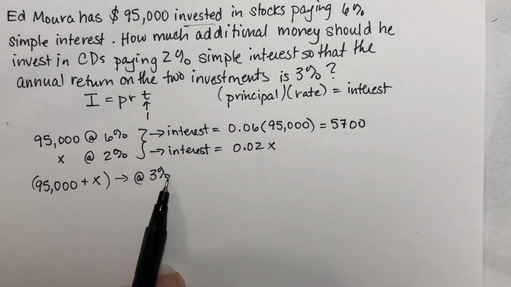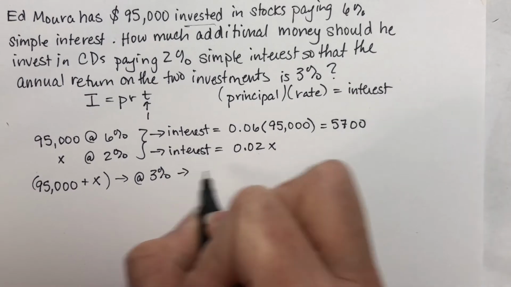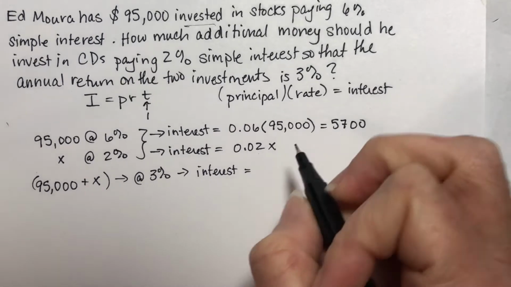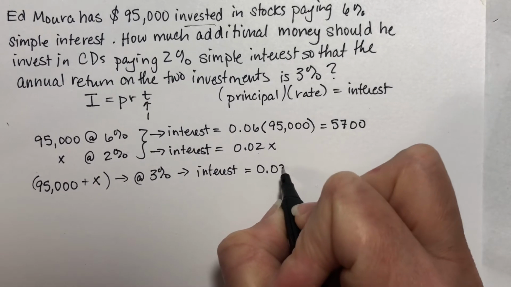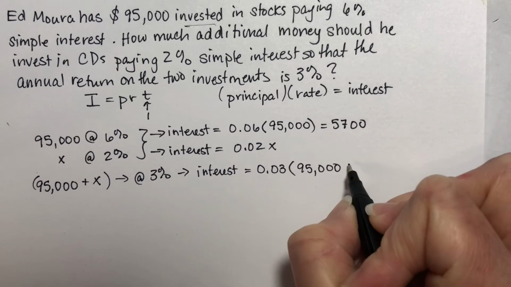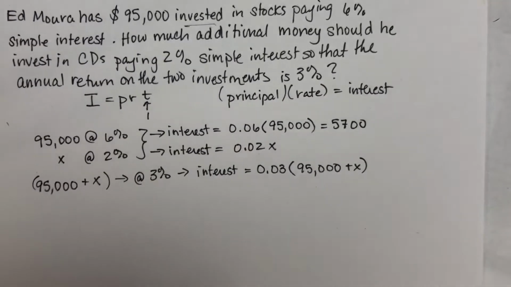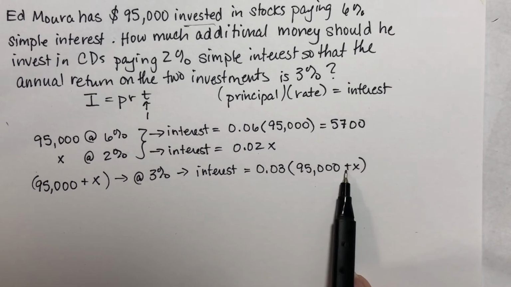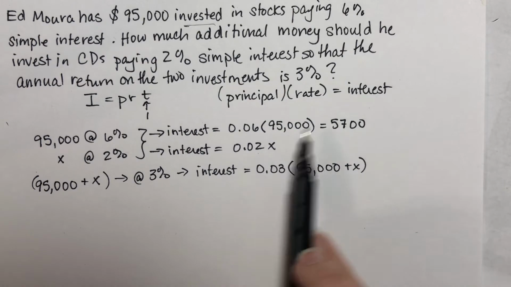Now, how much interest is made on this? Well, the interest here would be 0.03 times 95,000 plus X, whatever that is. This is how much interest he wants to be making on this total investment, and I know how much interest we make on each.